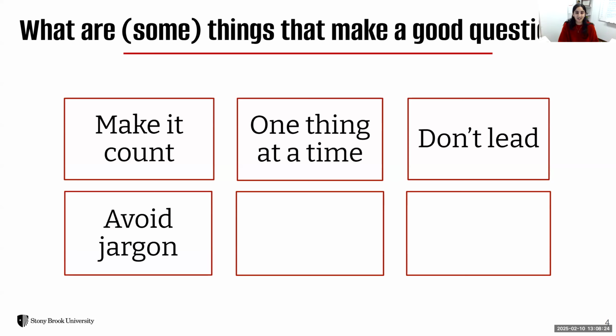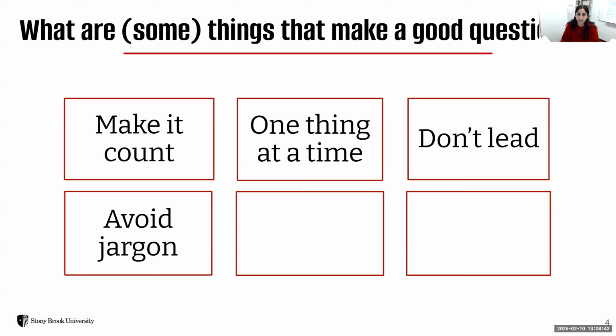Avoiding jargon. I come from an academic background, so using big fancy terms can seem really fun, and almost a habit at some points. But if it's terminology that your target population isn't going to understand right off the bat, they might not be able to answer the question in the way you're hoping.